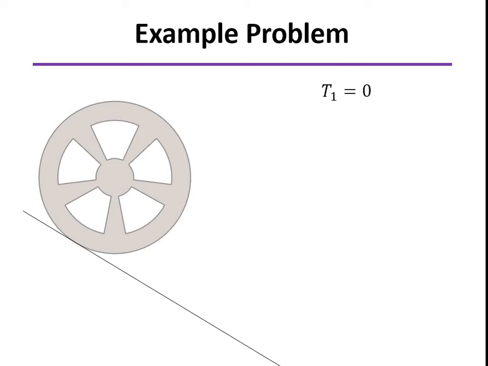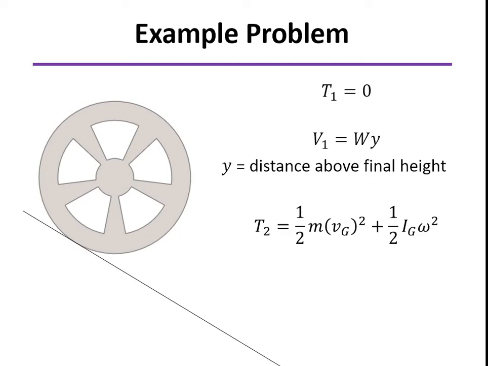The only thing doing work here is the weight, which means that the potential energy is just due to the weight. If we define y as the distance above the final height we're going to reach, then our initial potential energy is just the weight times y. Then we have our usual equation for the kinetic energy, and because of where we set y, the potential energy has gone to 0.